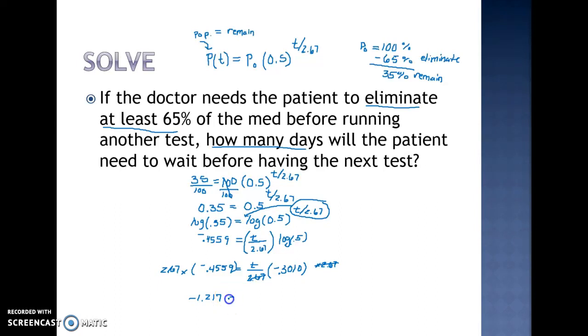And so what I have left over here is t times negative 0.3010. So to finish out the problem, I will divide by the negative 0.3010 on both sides of my equation.